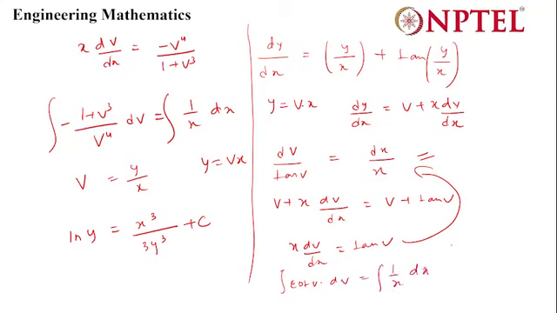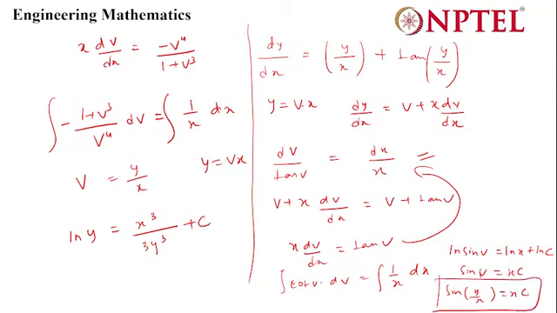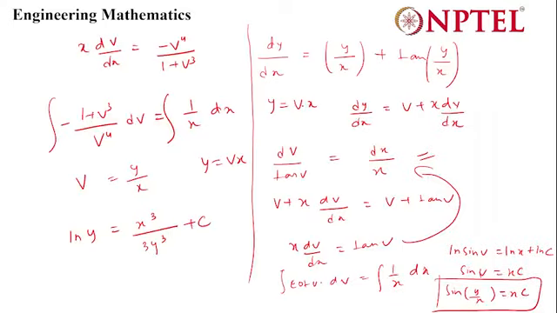It will be log sin v is equal to log x plus log c. Then sin v is equal to xc. So we put v is equal to y by x, so sin(y by x) is equal to xc. This will be the solution of your equation. These types of sums can come as 2 mark questions.